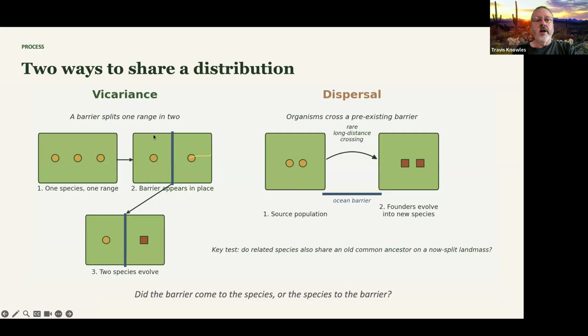The process of vicariance means the appearance of a barrier. What kind of barriers am I talking about? Well, it could be a mountain range that rises up through the activity of mountain building and these crustal plate collisions. Now we've got high mountains here separating these two populations of the same plant or animal.